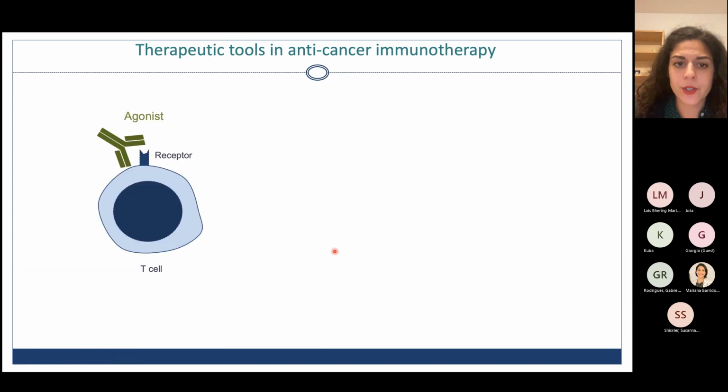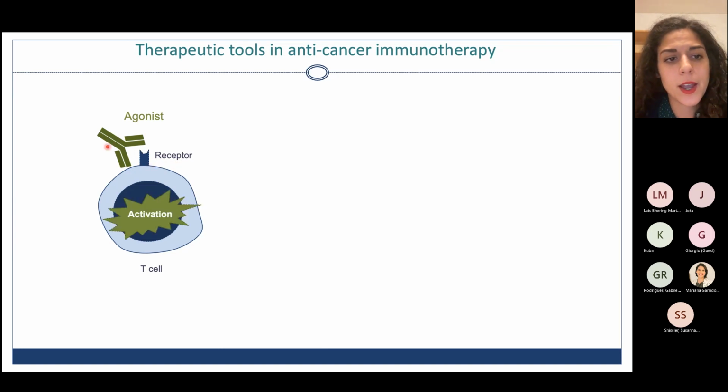So how does a monoclonal antibody work? Either you have an antibody that will target specifically a molecule, like a receptor. And this antibody can be an agonist, meaning that when it binds to the receptor, it will lead to activation.